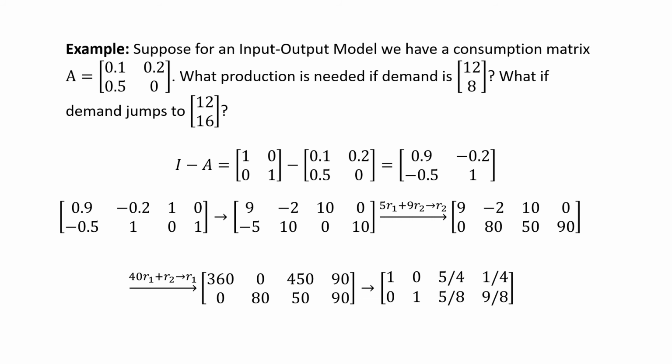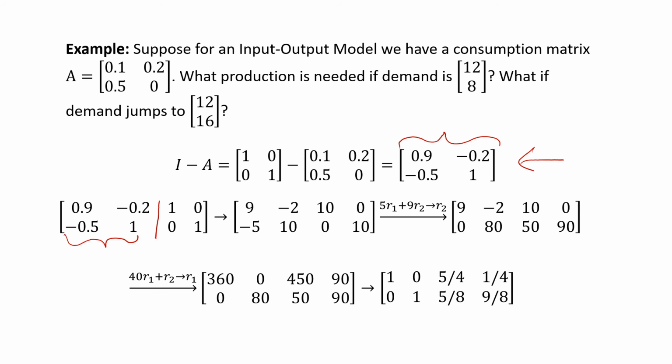So instead, what we do is we find our I minus A. So I minus A in this case gives us this second matrix. And we know we're going to have to solve for I minus A times an unknown equals a demand. So instead of solving that system of linear equations multiple times, let's get the inverse. So how do we get the inverse? Well, here is our I minus A. We augment it with the identity matrix.